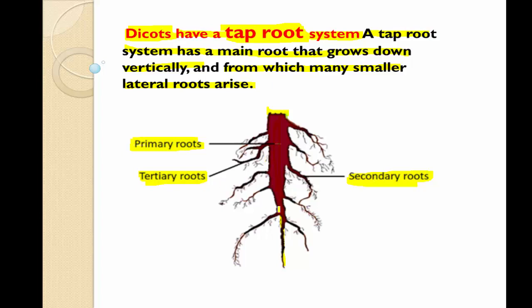That means as the root undergoes branching again and again, the final branch's thickness becomes very, very narrow. The smaller roots are further produced by the branching of tertiary root. This kind of root system represents a taproot system and it is a very unique character of the dicots.